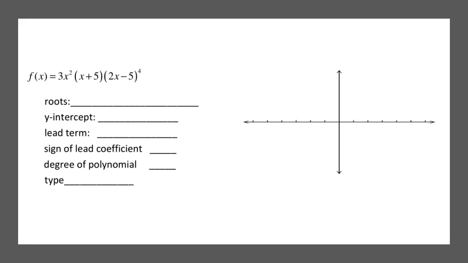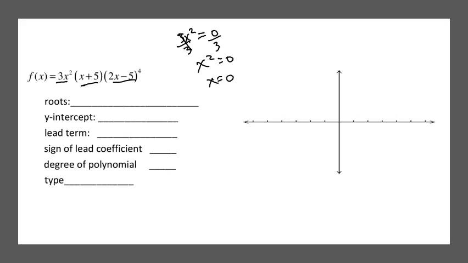So how do we find out the information that we need about the roots? Well, we have to set each of these factors equal to 0. So let's say we set 3x^2 equal to 0. Were we to divide both sides by 3, now x^2 equals 0, meaning that x has to equal 0.